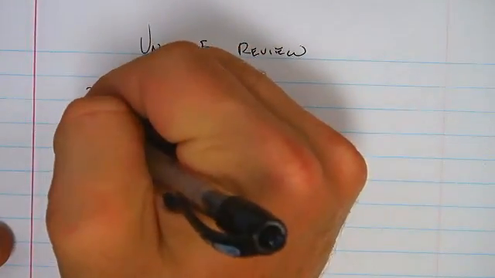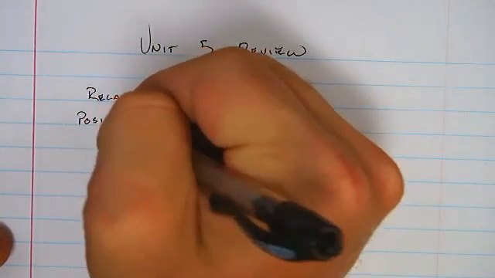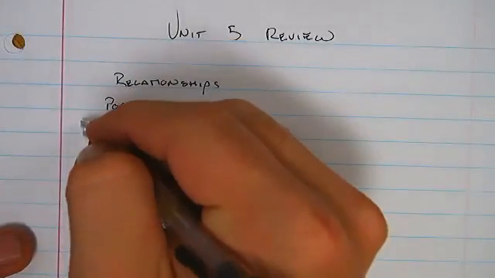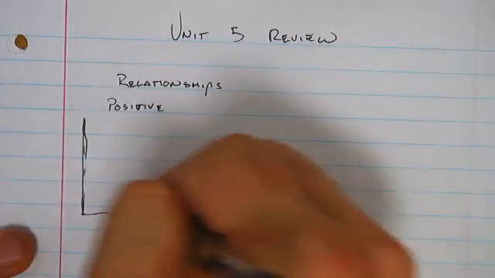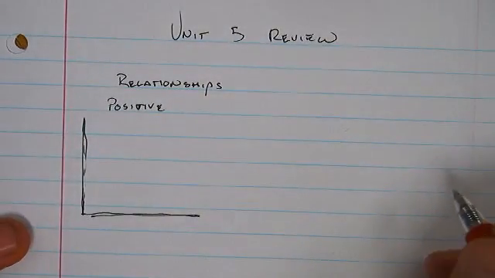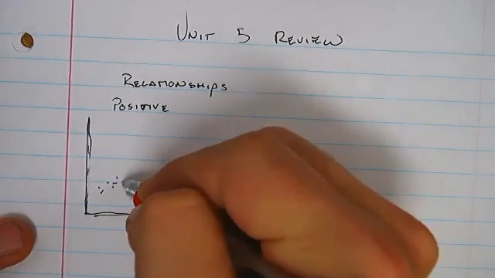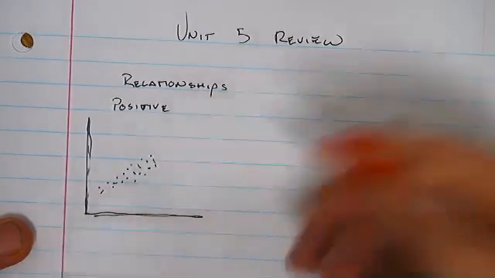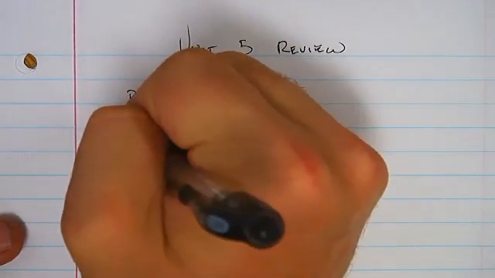So we have a positive relationship. If we're looking at a graph for a positive relationship, so there's our graph here, what we're looking for is that there is a trend for the data that goes up. So the trend is up.